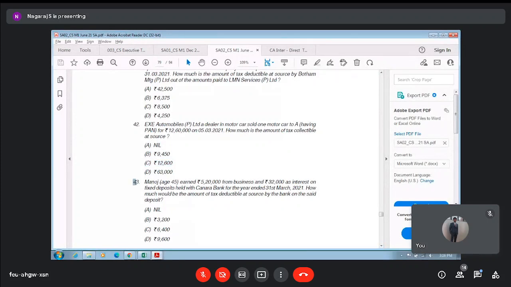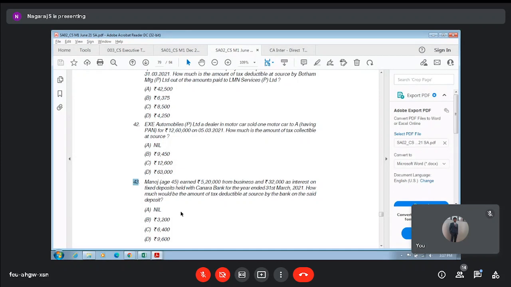43. Manoj, age 45, earned 5,20,000 from business and 32 as interest on fixed deposits held with the Canara Bank for the assessment year ended 31st December 2021. How much would be the amount of tax deductible at source by bank on this said deposit?